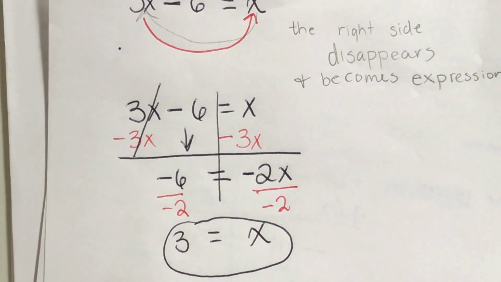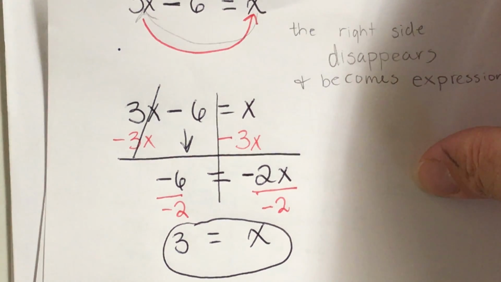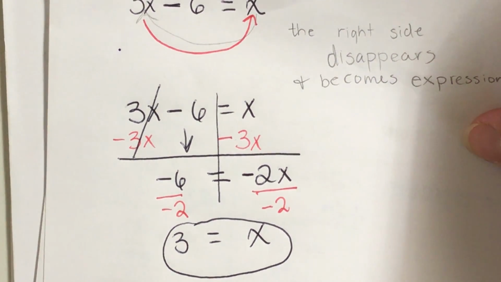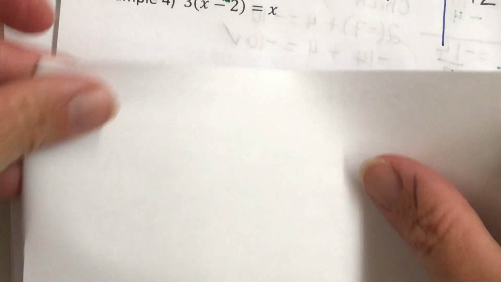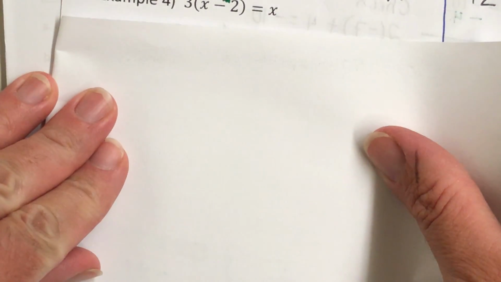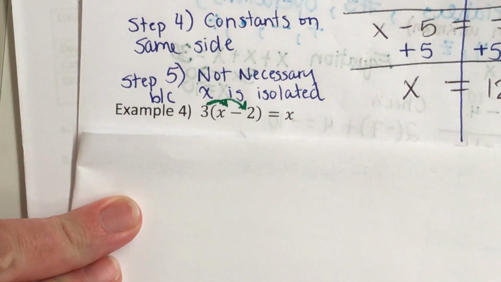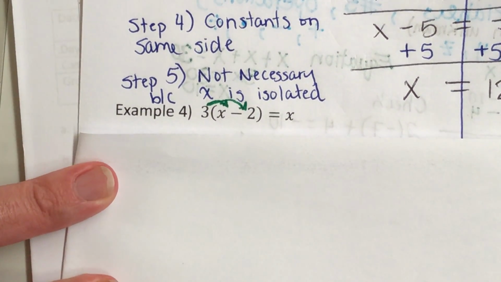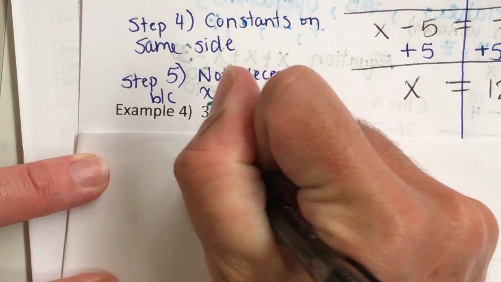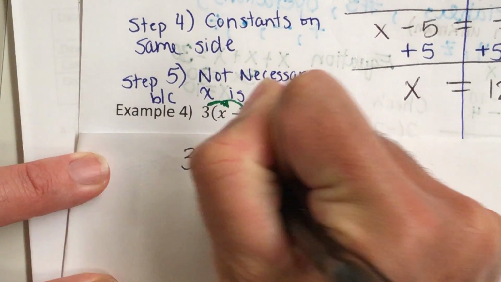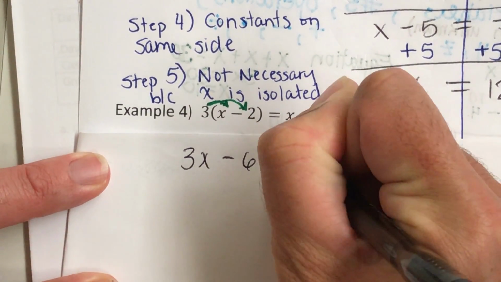Now, I want to show you, and you don't have to write this down, but I at least want to show you what would have happened if we had gone the other route with this. So back to the beginning, distribute. So I have 3x minus 6 is equal to x.